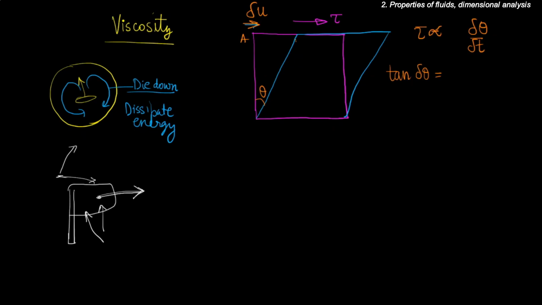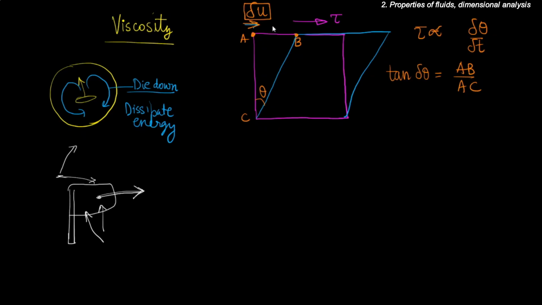Now if we use trigonometry, tan of delta theta in this particular case will be equal to AB upon AC. Now AB is the displacement of point A due to the gradient in the velocity.